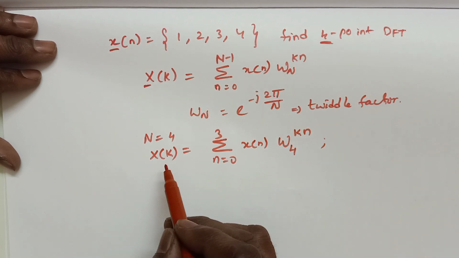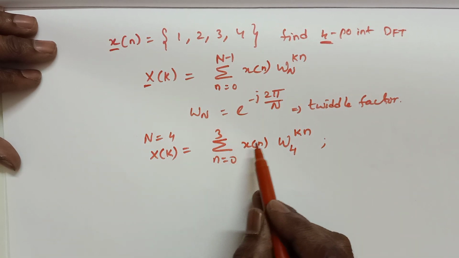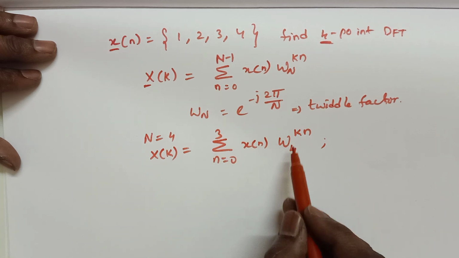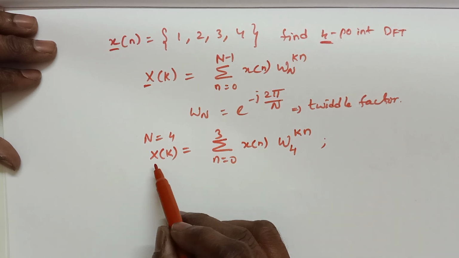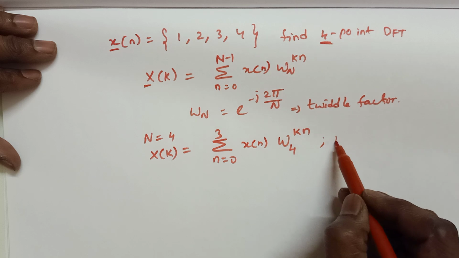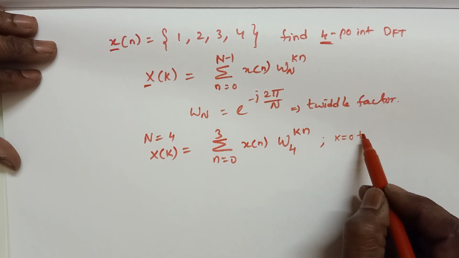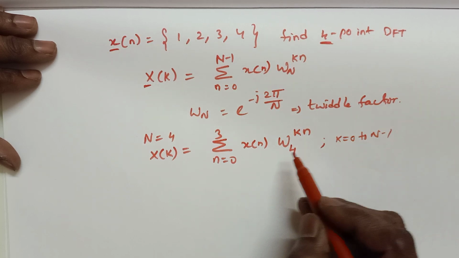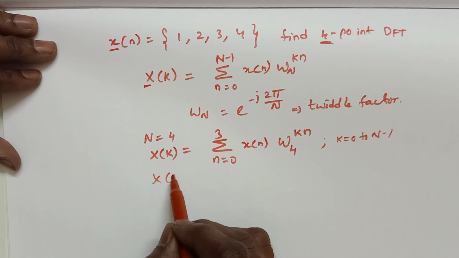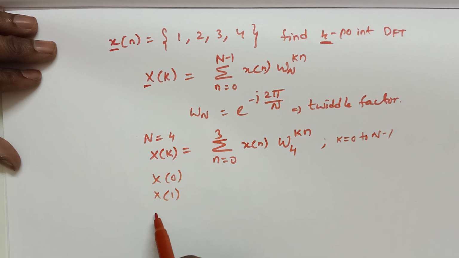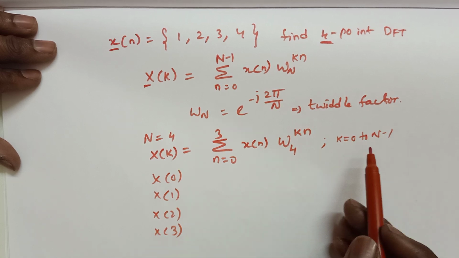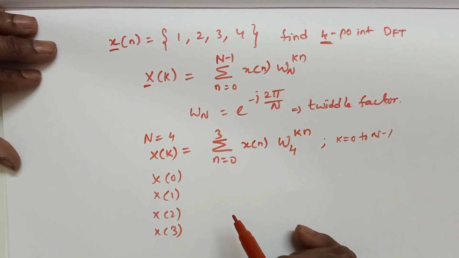In this formula n varies from 0 to N minus 1 and we sum. But what about this k? k also varies from 0 to N minus 1. So we want to calculate X of 0, X of 1, X of 2, X of 3.